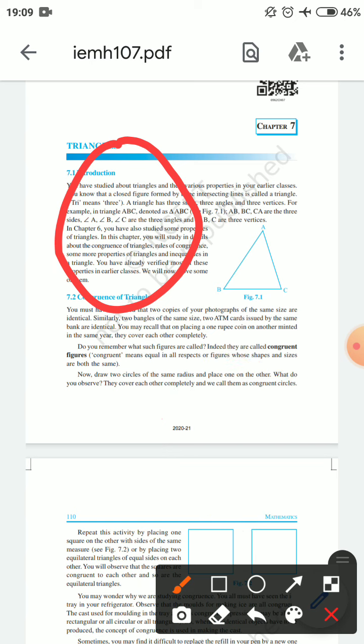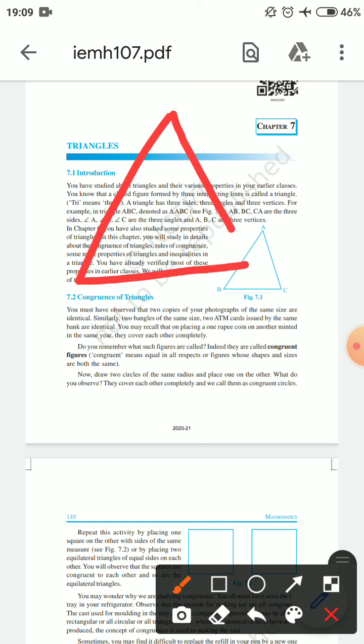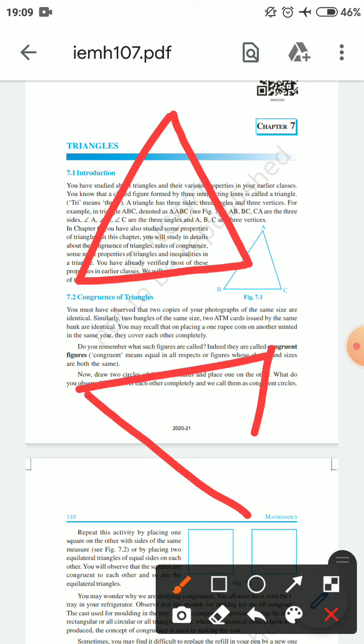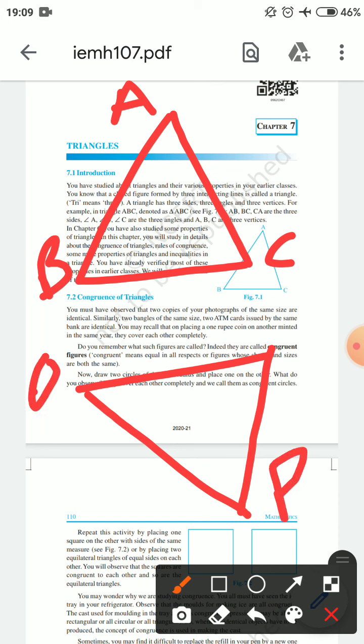Or let us take two triangles, this and this. Let us name this triangle ABC, and this one PQR.